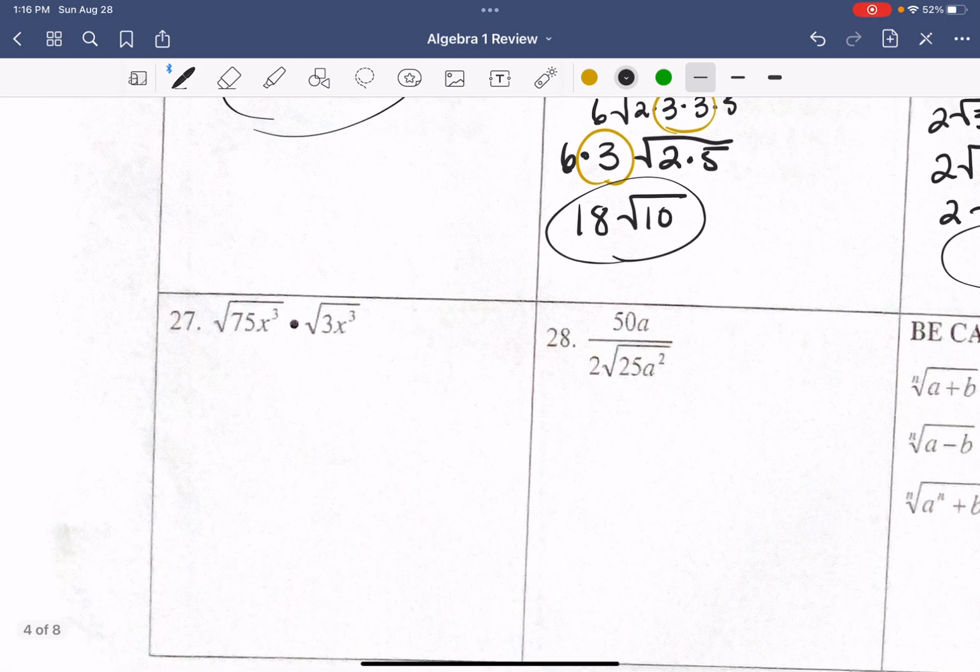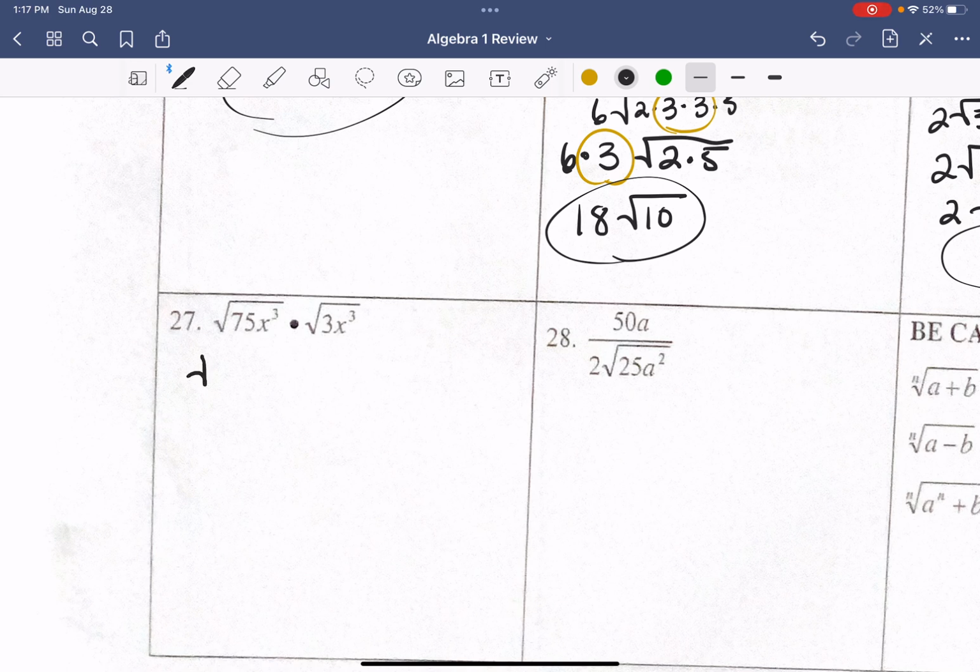Okay, for this one, we are going to want to combine our square roots all under one roof. There's a couple ways that you can do this. You could technically simplify this before you combined everything. The order in this situation is not actually going to matter.